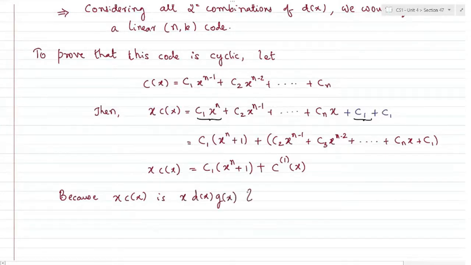Okay, and g of x is a factor of the polynomial x power n plus 1. So this is the basic assumption, the second half of it. The first half is that we have proved that this is a linear combination of the generator polynomial g of x.